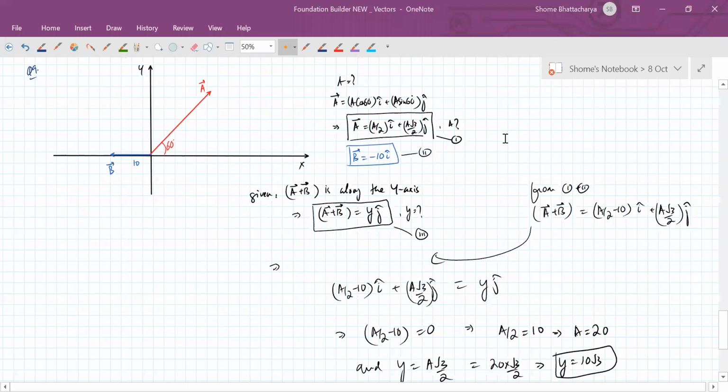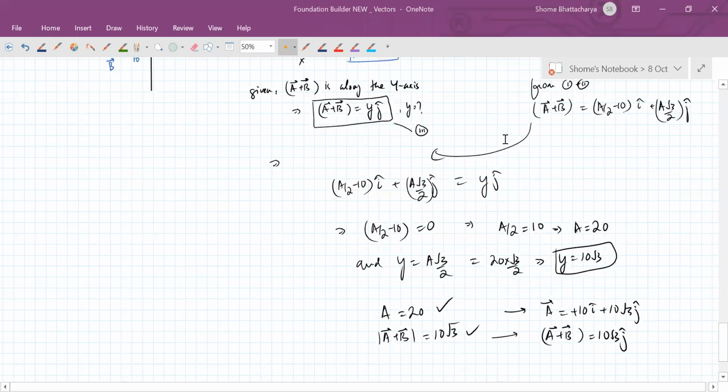Yeah, Aditi, I'll explain the last part. Write it down first. So see, what it's basically saying is that if A plus B is along the y-axis, it means that the x component of the vector A plus B should be 0.